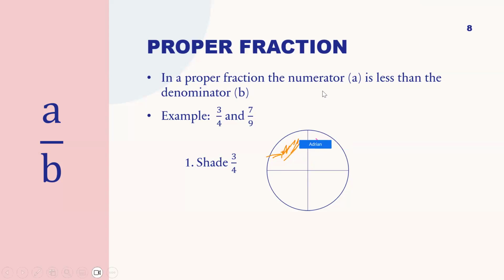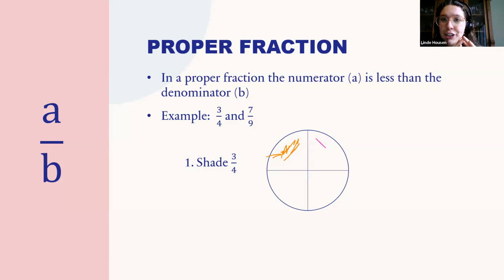Perhaps you can make your tool a little bigger so you don't have to draw with all the small lines. But you can also just make some lines across and make it visible where you want to shade the pie.